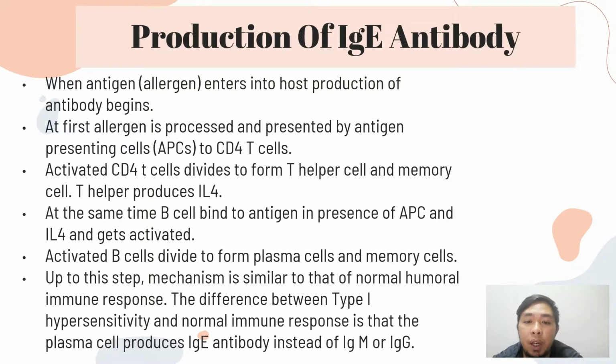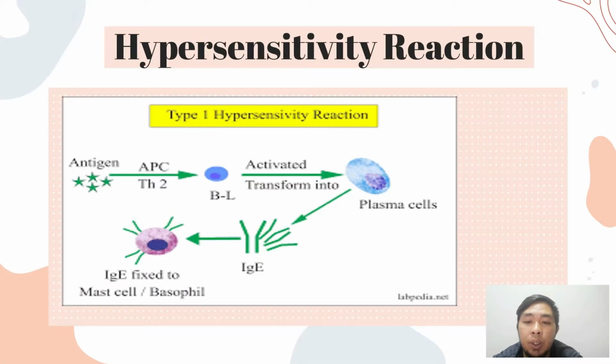T helpers produce IL-4. At the same time, B cells bind to antigen in the presence of APC and IL-4 and get activated. Activated B cells divide into plasma cells and memory cells. Up to this step, the mechanism is similar to that of a normal humoral immune response.